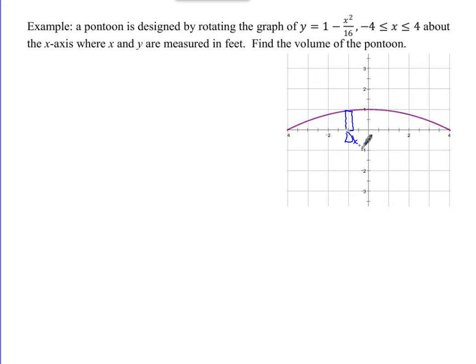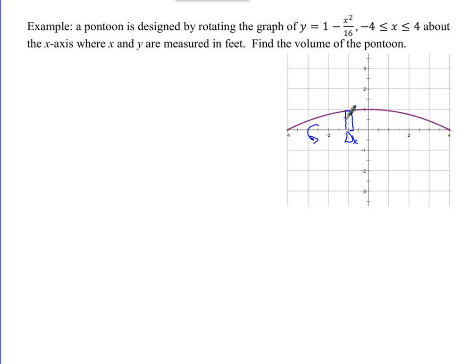Which tells me that I'm using what method? I'm using the disk method. All right, so we got to remember the disk method now. How do we do that? Okay, so you remember the algorithm. What are we doing here?